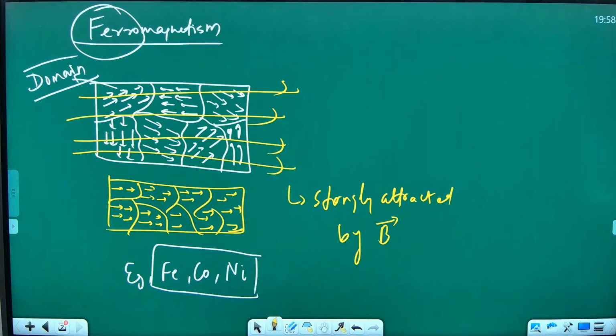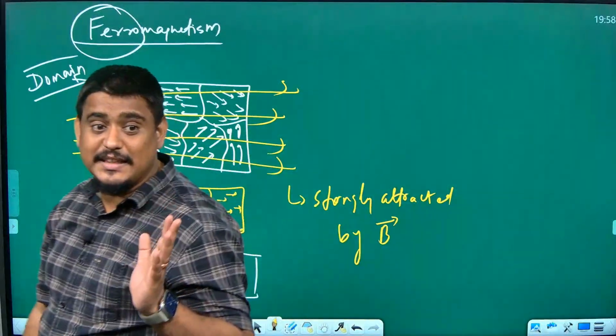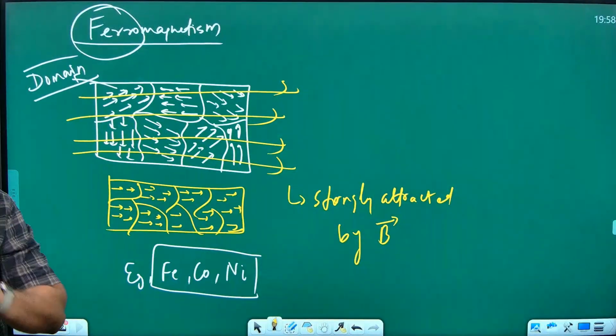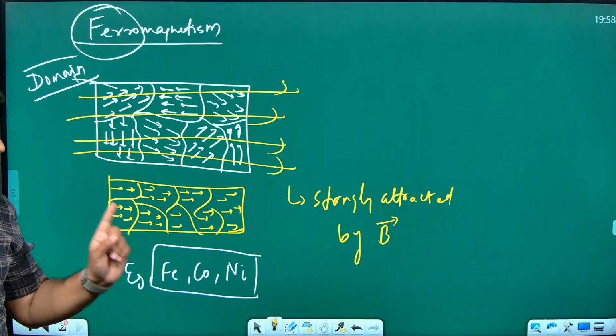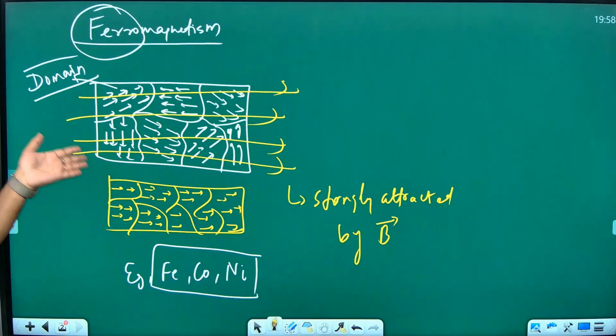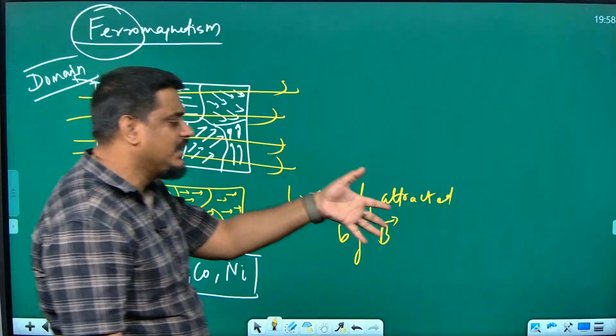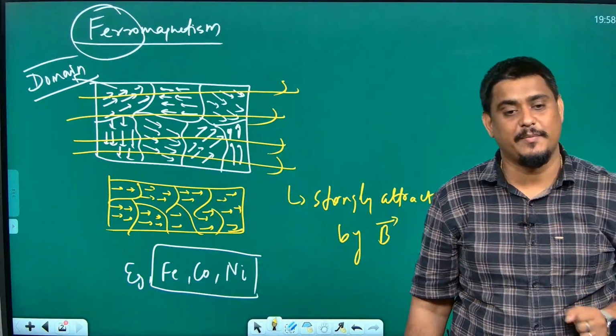Diamagnetic substances are weakly repelled. Paramagnetic substances are weakly attracted. Ferromagnetic substances are strongly attracted. Why strongly attracted? Because here domains will align when subjected to an external magnetic field, and domains will come in the same direction, leading to the creation of a stronger magnetic field.